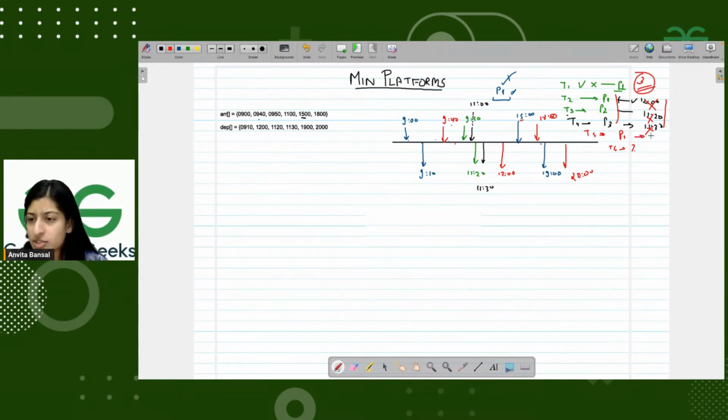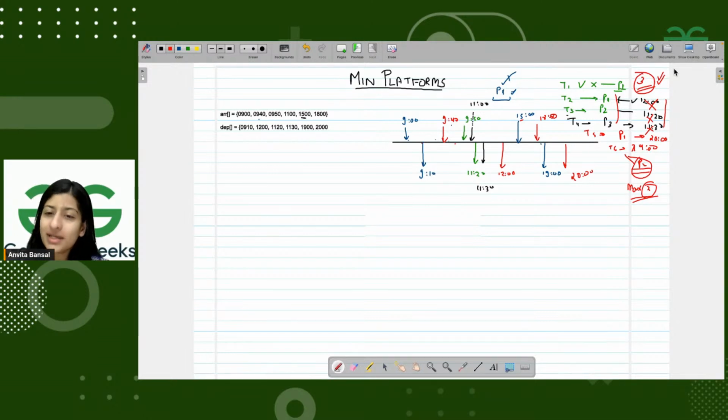This departure is yet to be done at 20:00, and I have already come at 19:00. That means I cannot take P1, but I can take another platform, let's say P2. So in this interval, the maximum platforms I'm utilizing is 2, right? So till now, the maximum number of platforms utilized for some duration, such that the intervals were overlapping, is 3. So the answer that I'll be returning should be 3.